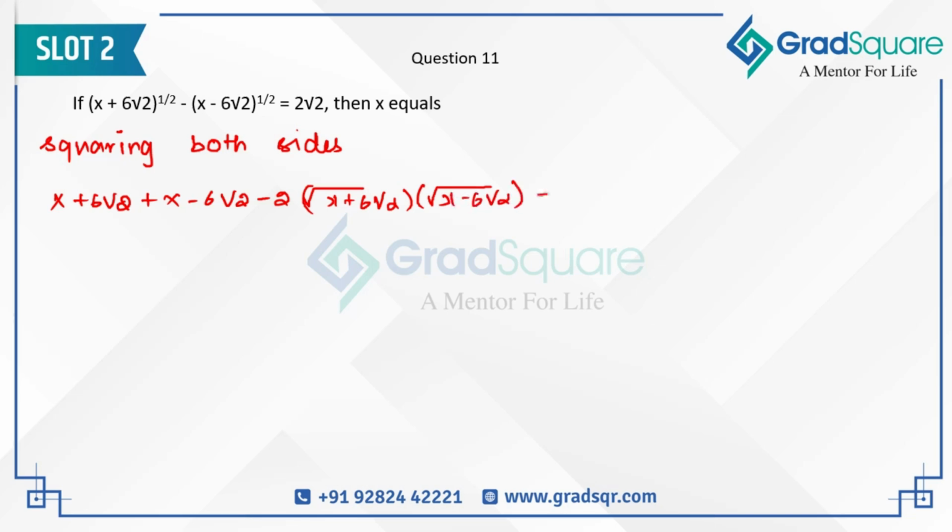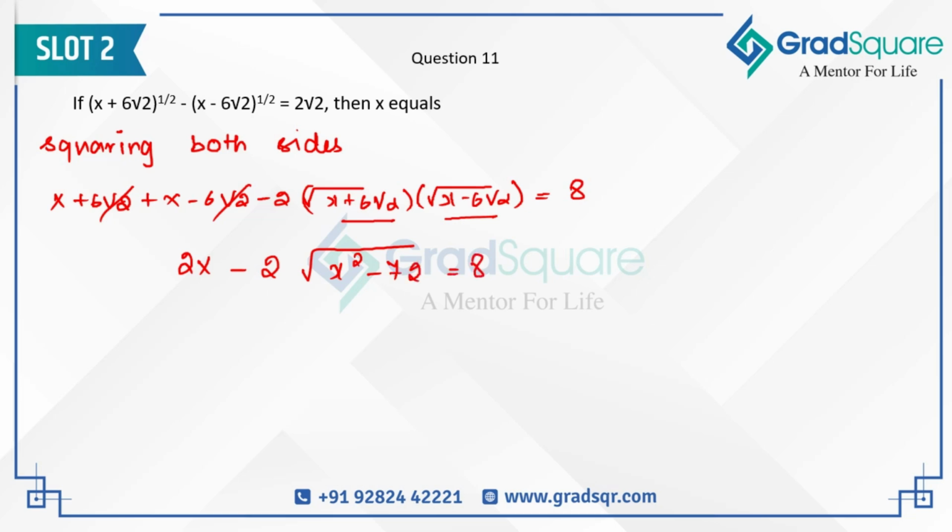And the right hand side will become what? 2 root 2 the whole square will become 8. So 6 root 2 minus 6 root 2 gets cancelled. So this left hand side will be 2x minus 2 times, and your left hand side is a plus b into a minus b form. So it is going to be what? It is going to give me x square minus 72 to be equal to 8.